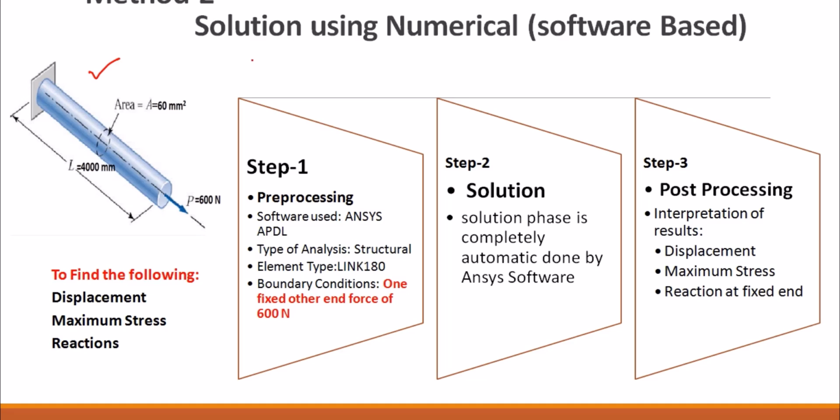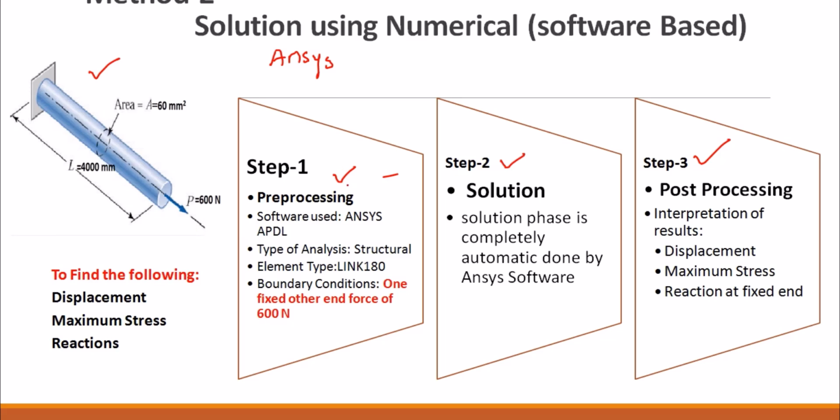Each software module, whether it be Ansys Workbench or Ansys APDL, has 3 steps, that is pre-processing, solution step, and post-processing. Pre-processing is where you create the model or the problem, mesh it, and apply the boundary condition, that is step number 1.